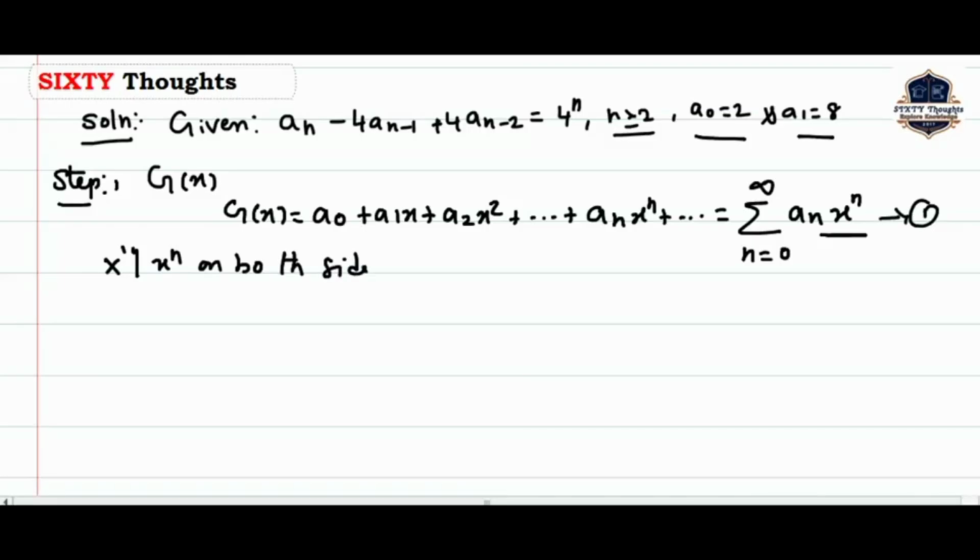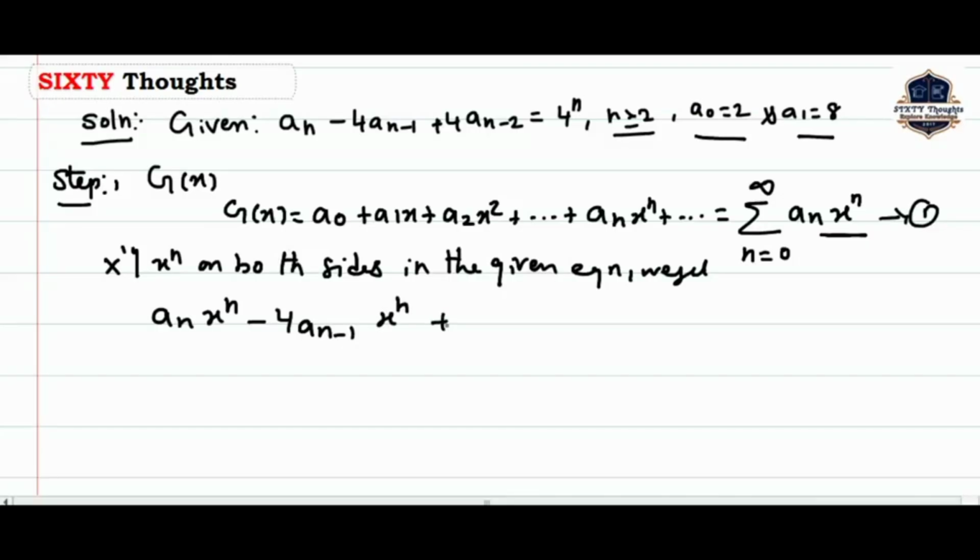So we get a_n x^n - 4a_{n-1} x^n + 4a_{n-2} x^n = 4^n x^n.